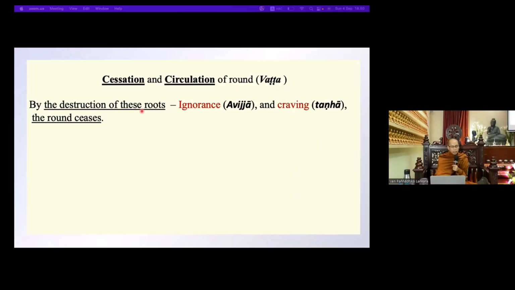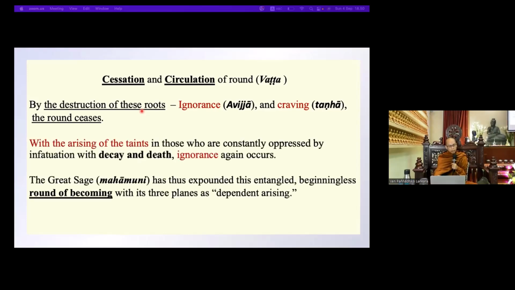By the destruction of the two roots, avijja and tanha, the vata stops. So if a person can eradicate the ignorance and craving, the round stops, as long as they are not removed.